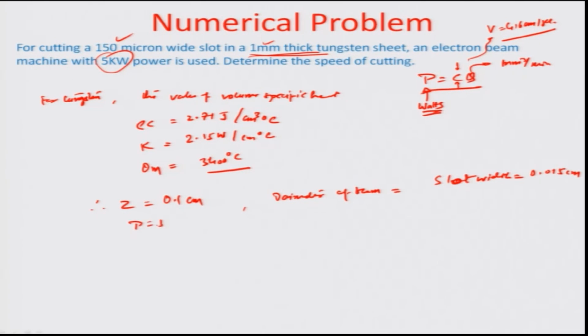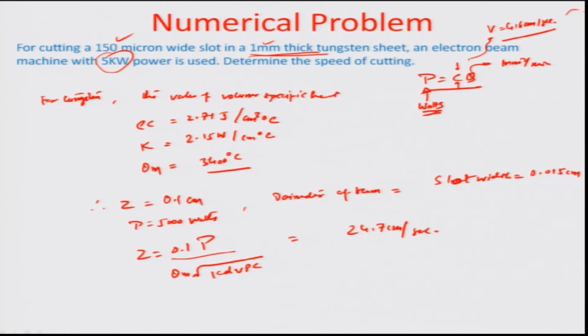Power of course is 5 kilowatts, so 5000 watts, and the velocity arrived at, therefore, from the relationship Z equal to 0.1 P by theta m root over k d v rho c is around 24.7 centimeter per second.